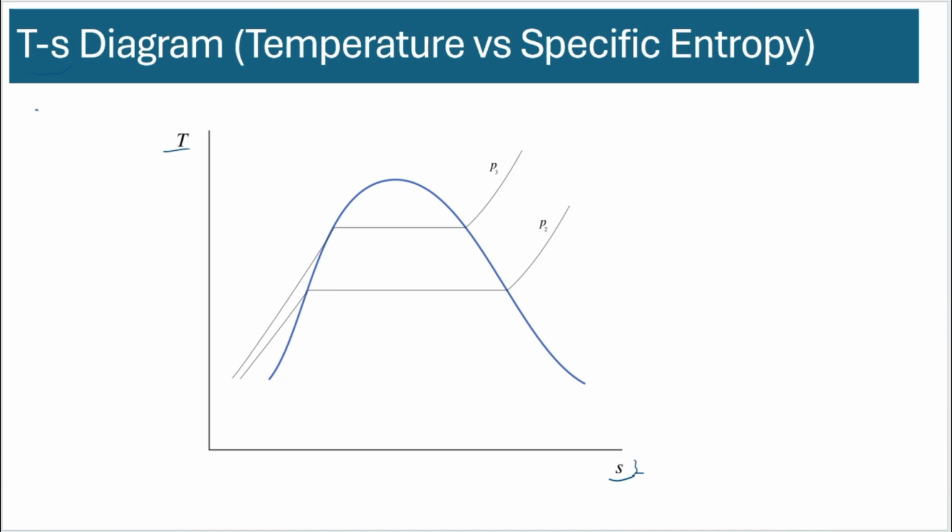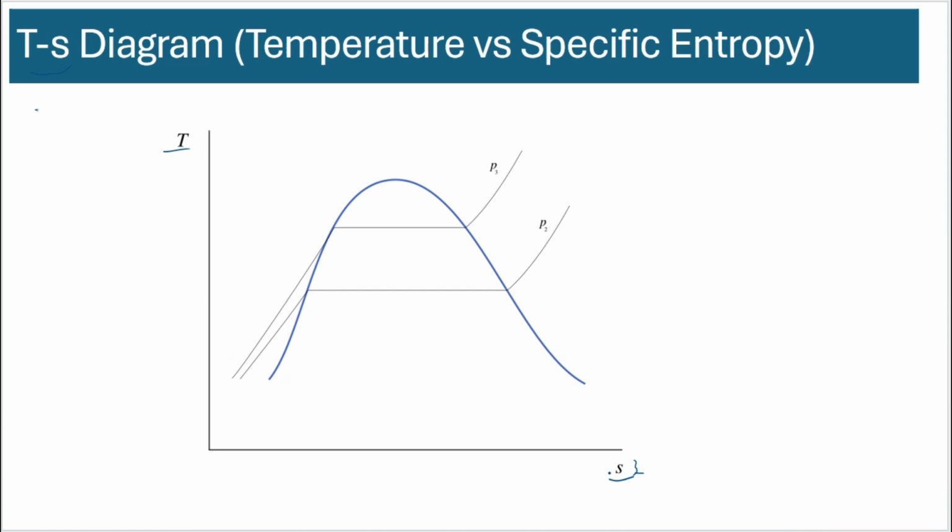It's a little bit of a mystery what entropy is for you, at least in this course, but we'll try to learn that in the next lecture. For now, just assume that entropy is also a property that is dependent on other independent properties. It's a calculated property, and it's important, especially when dealing with isentropic processes or isentropic efficiency. Also, in general, to understand the efficiency of a system.